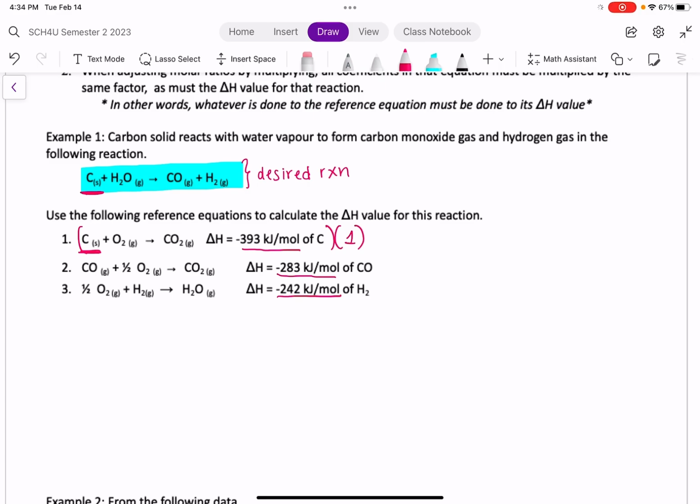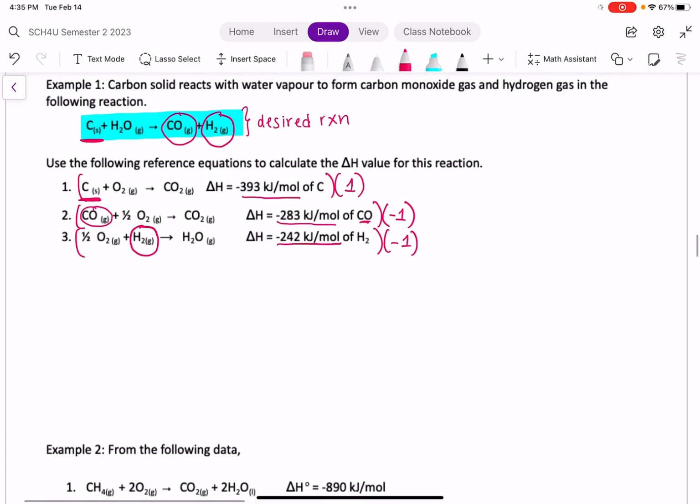The next one is for carbon monoxide. You can see that carbon monoxide is on the reactant side for reference equation 2, but I want it to be on the product side on my desired reaction. So I'm going to multiply this reaction along with its delta H by -1. And then lastly, for my H2, also multiply by -1 because in this equation 3, it's on my reactant side, but I want it to be on my product side.